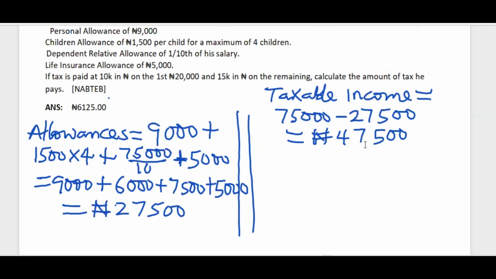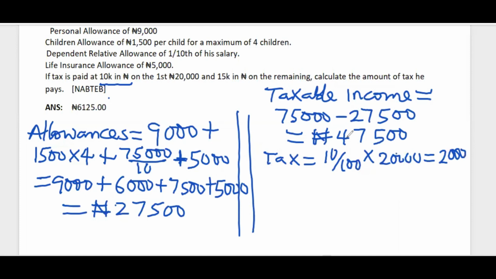The first tax he pays is 10%, that's 10 kobo in the Naira, of the first 20,000 you pull out from this taxable income. And that should give 2,000 Naira.